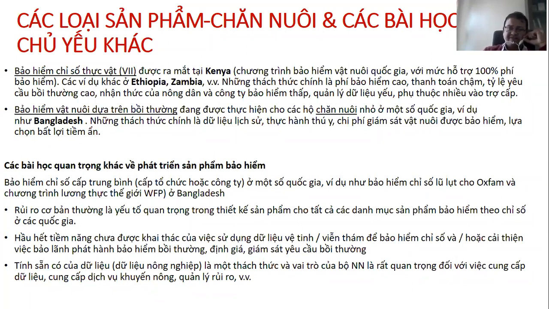So such products have been operational in Bangladesh, where institutions like Oxfam or the World Food Programme have taken out these types of products as a way of funding their disaster relief. So when there's a major flood in specific areas, they would expect an insurance payout from the insurance company. And then they would actually use that payout as part of their disaster relief to the communities who are affected by the flood.